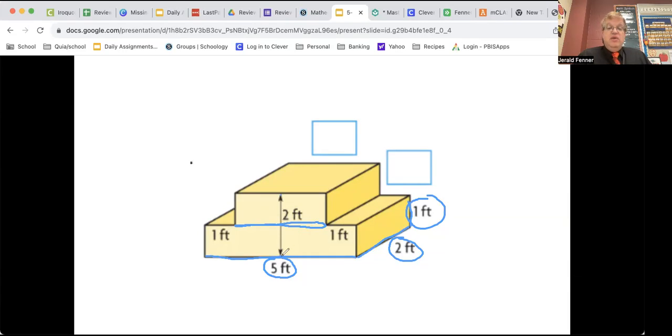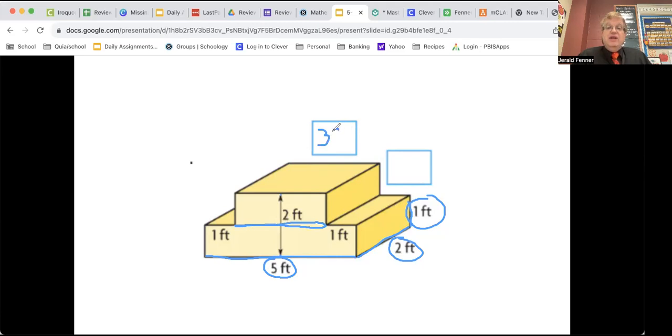We do have the clue here that this one is 5 feet, but 5 feet goes all the way across the bottom. But if we look here, we have 1 foot here that we can take off. That would make 4 feet, and another foot here we could take off. So this space right here, which they're trying to represent up here at the top, is 3 feet.